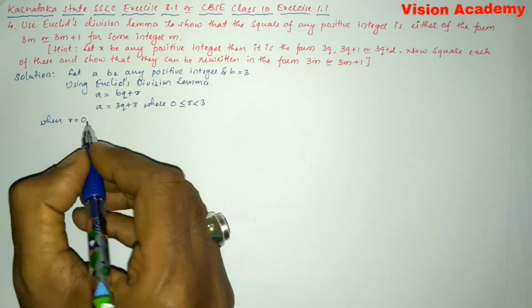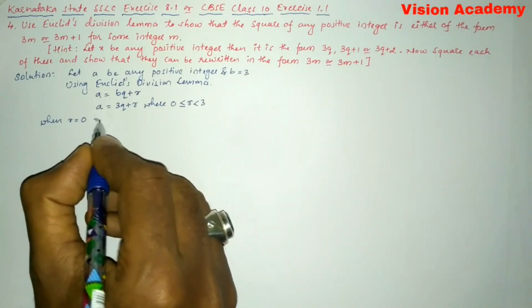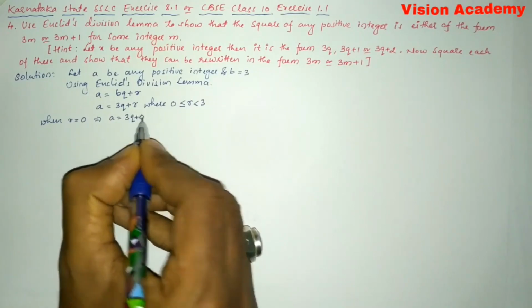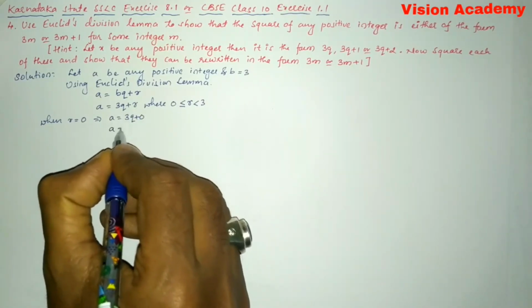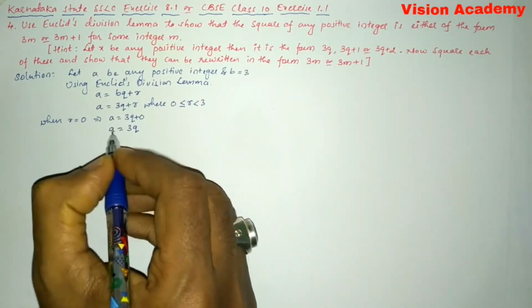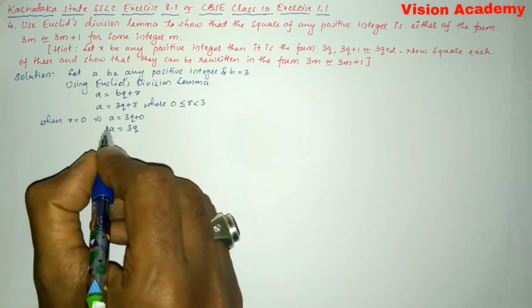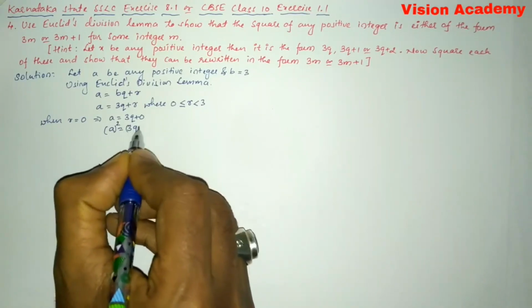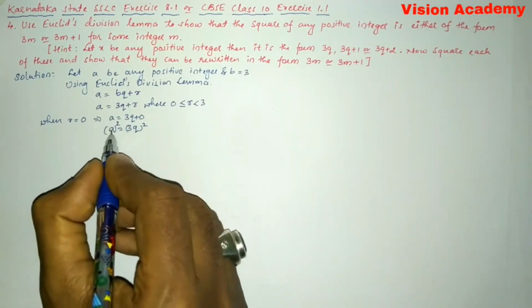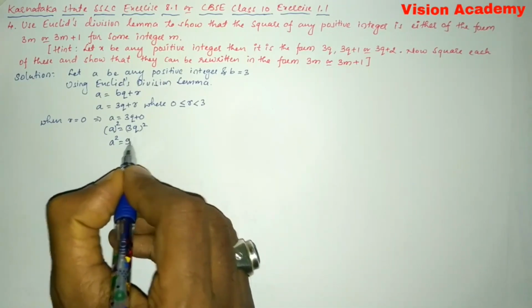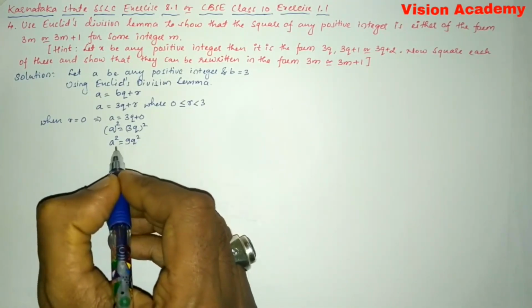When r is equal to 0, we will get a is equal to 3q plus 0. So this gives us a is equal to 3q. Now let us square on both sides. So a square is equal to 3 3s are 9q square.